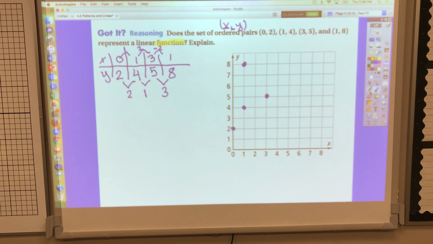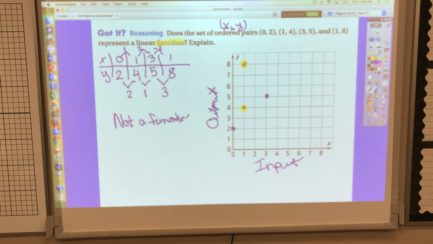A function says that each input has exactly one output. So these right here, remember, the x's are our input, the y's are our outputs. Okay, and when you think about that, if I look at 0, there is only one answer. But when I look at 1, there are 2 answers. Okay? So right there, I should know that this is not a function, much less a linear function.